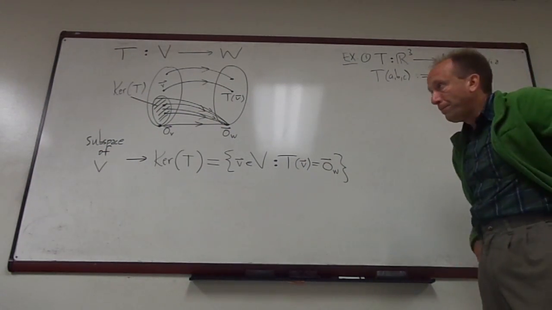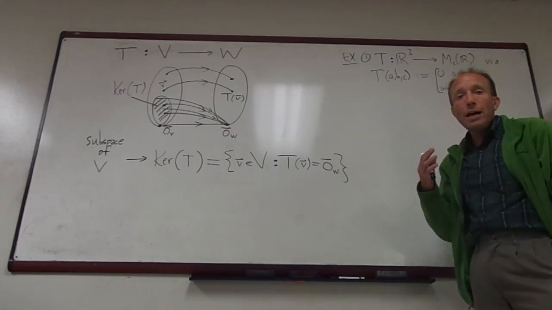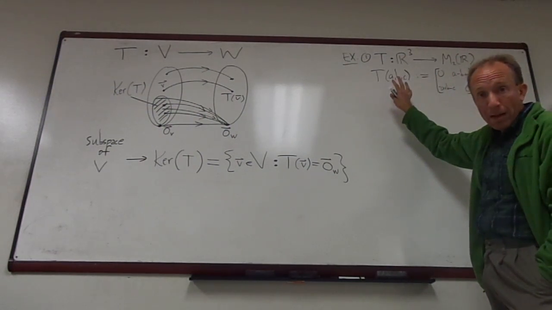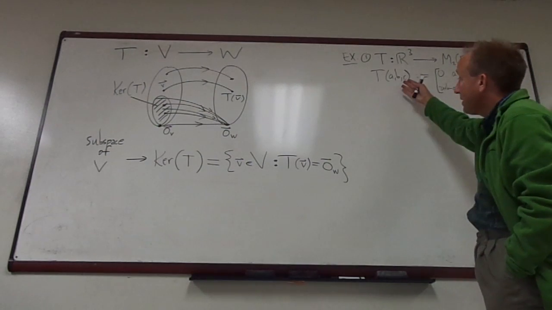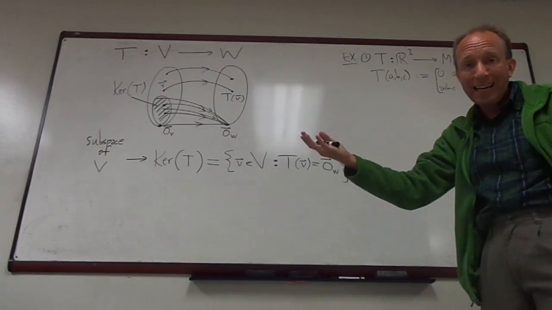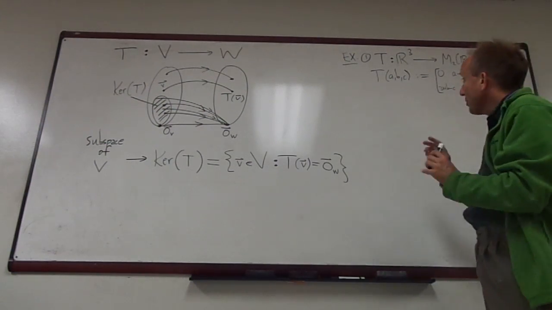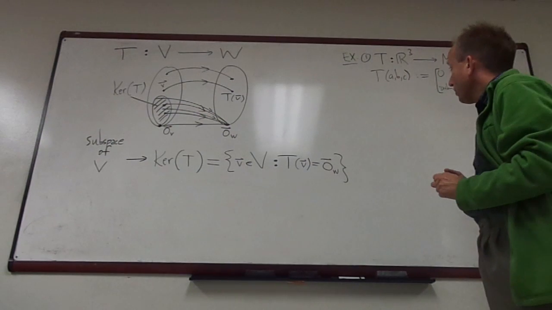First of all, I'm going to have you take my word for it for now that this really is linear. It would be worth practicing to check that it does indeed respect addition and scalar multiplication. I'm not going to do that just to keep this little video relatively short.